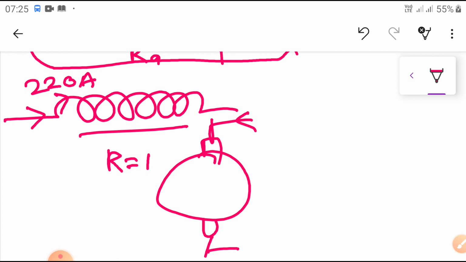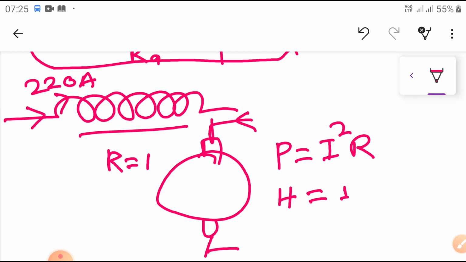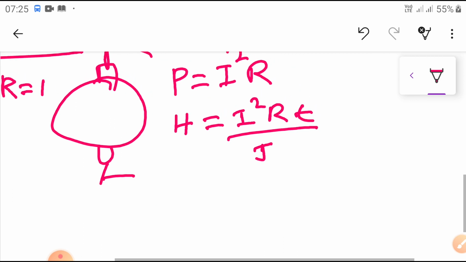Then what is the power loss? Power loss is equal to I square R. This much power is lost in the form of heat energy. Heat is equal to I square R T, where T is time in period, divided by J, the Joule constant 4.2. By applying this, we are going to get it.